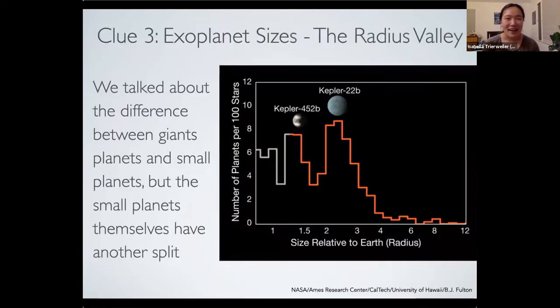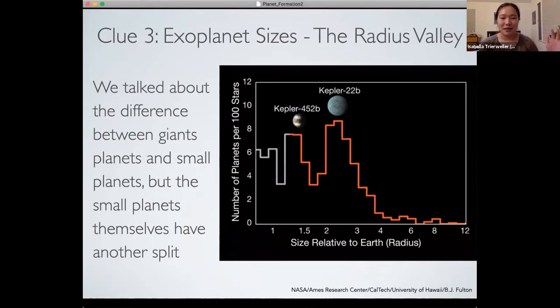Okay. So I mentioned that we're interested in the radius of planets. And the reason for this is that we just want to know what kinds of planets we need to be making in this planet formation process. And so once we found a good number of planets through the transit system, astronomers started plotting out what sizes they were. And they came up with a plot something like this.